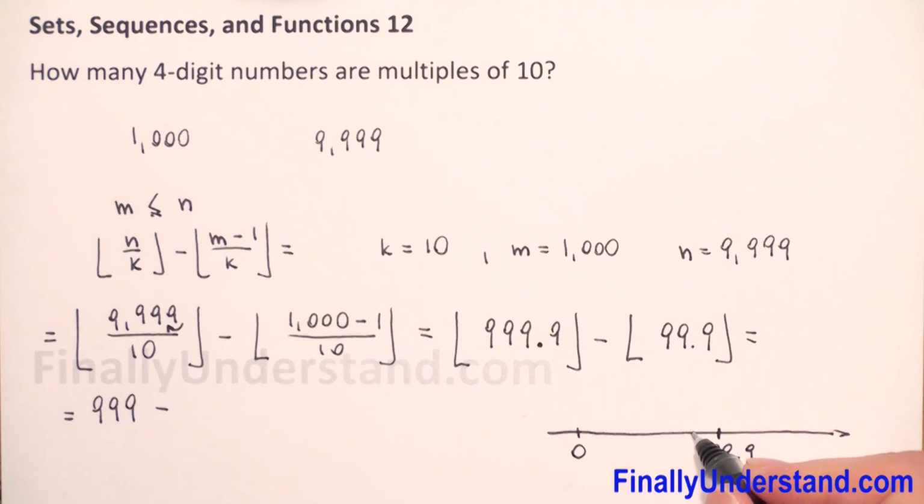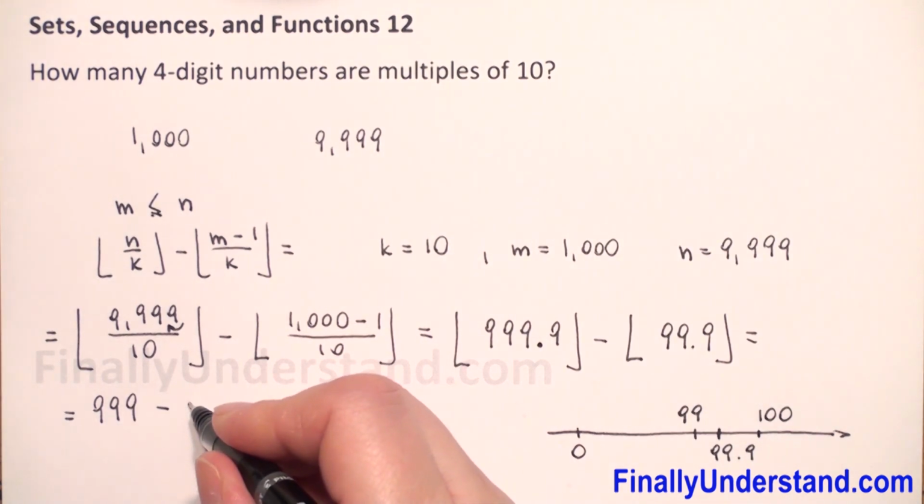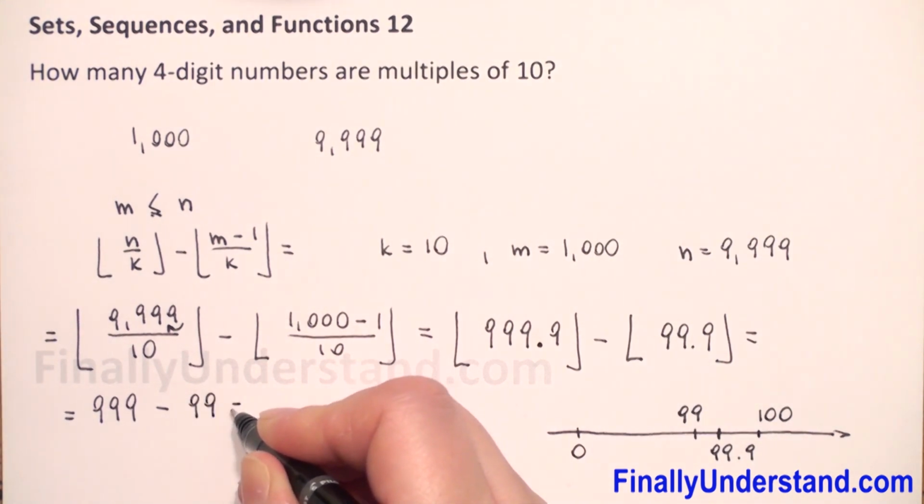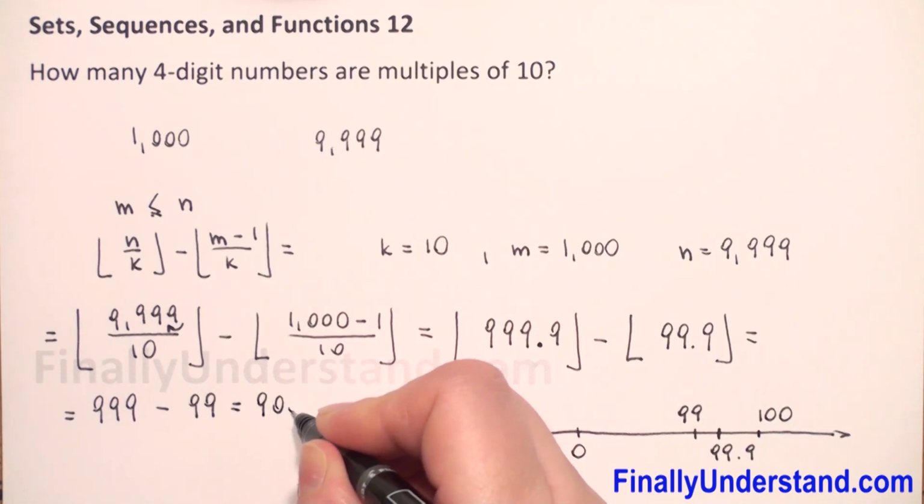This number is between the integers 99 and 100. When we have the floor of a number, we have to find the largest integer which is less than or equal. So the integer will be 99. So we have 99, and this is equal to 900.